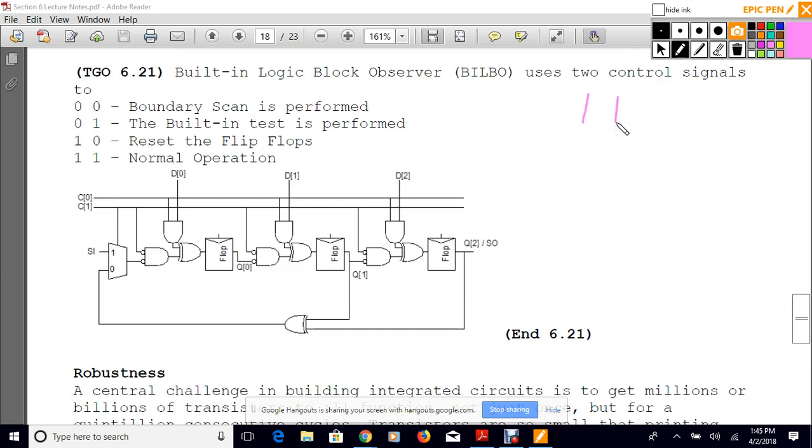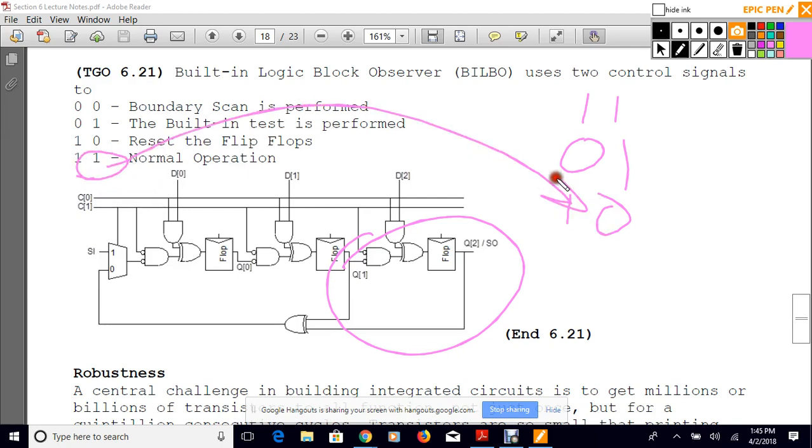So the way it would work, it starts out at 1, 1, and then I say, okay, well I want to perform built-in self-test. I do 0, 1. It performs the entire built-in self-test. And then from the operating system, I say, all right, well I need 1, 0. I need to reset the flip-flops. And if you recall from error testing, you would have a set of backed up register values from the error registers. It tells you everything is. You bring it back in using the operating system, and then you go to 1, 1 again.